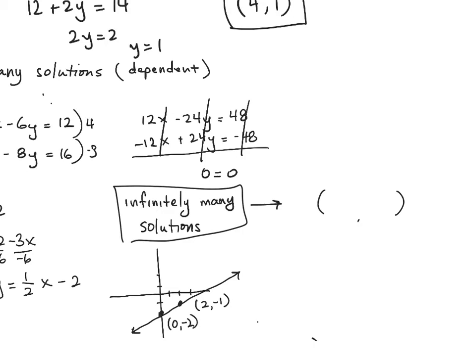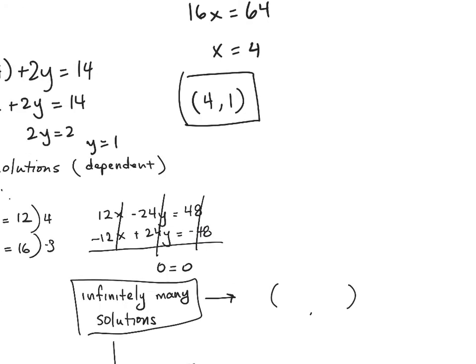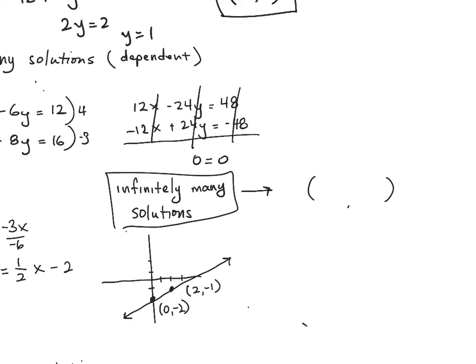And because there's not one unique solution, you're not going to have an ordered pair statement like this one, (4, 1). Your ordered pair statement is going to look a little bit different if there are infinitely many solutions. And here's what it's going to look like. Any solution to a system of equations is in the form of an ordered pair x comma y.